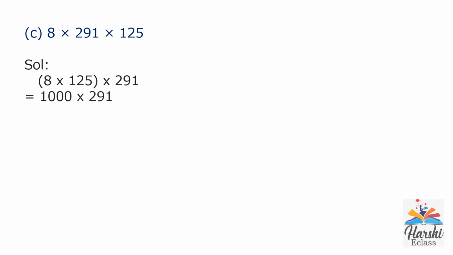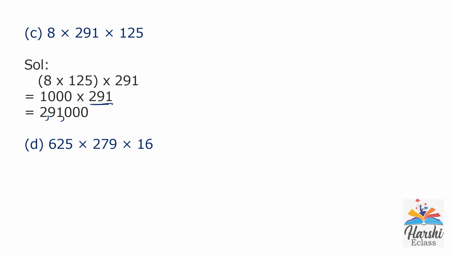So 1000 multiplied by 291. Multiplying with 1000 means write the given number as it is and add three zeros at the end of the number. Now the product of 8 multiplied by 291 multiplied by 125 is 2,91,000.